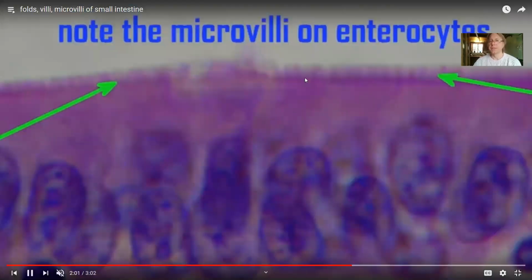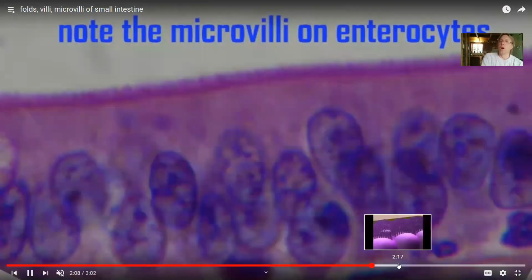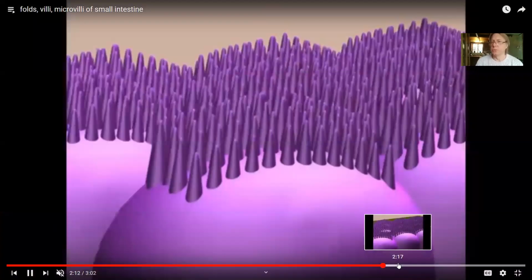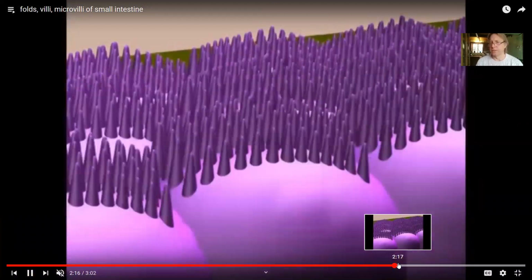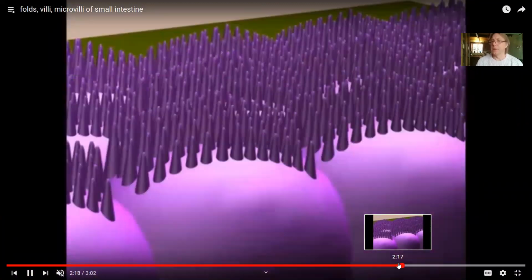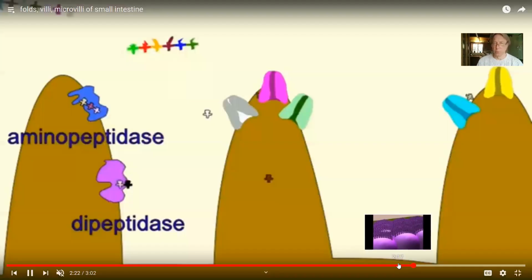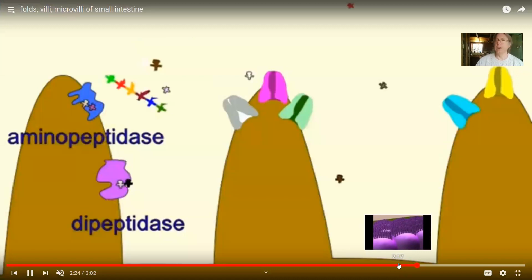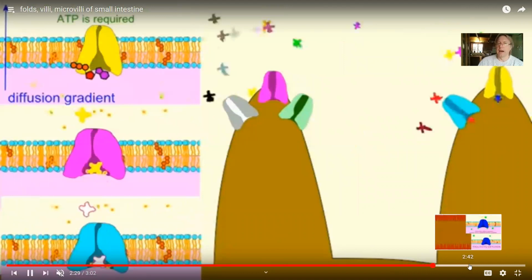But here on the surface of these cells, notice that they have microvilli, all right? And so microvilli are now these finger-like extensions on the individual cells of the mucosa themselves. This is where many enzymes are located, and so many of these enzymes are called brush border enzymes. They're on the microvilli, which look like, under the microscope, a brush.